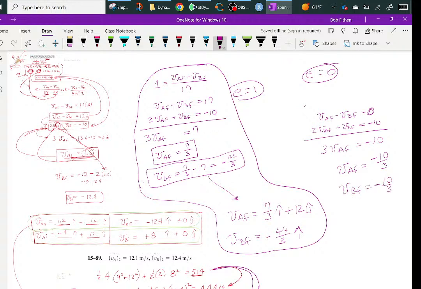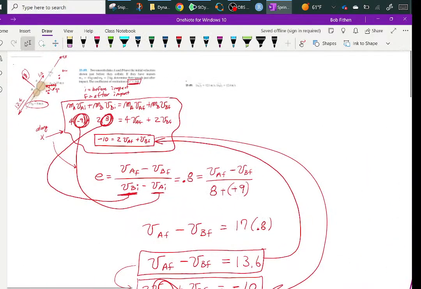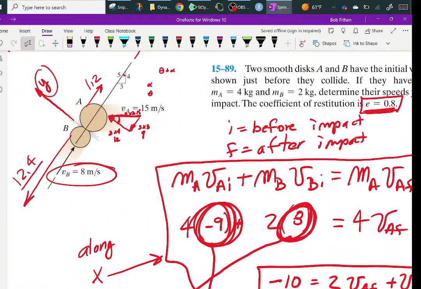But this doesn't mean they stuck together, because they're glancing off each other. What will happen is this one will still have a velocity going that direction. This one will not.